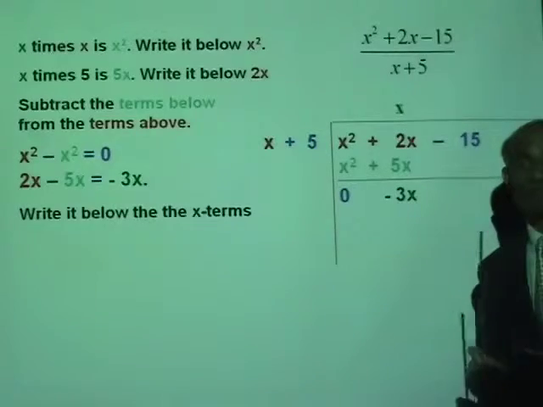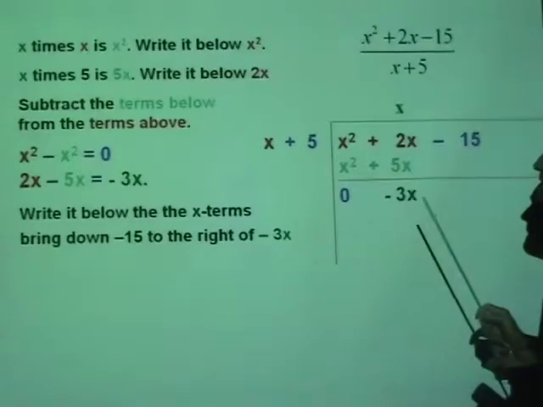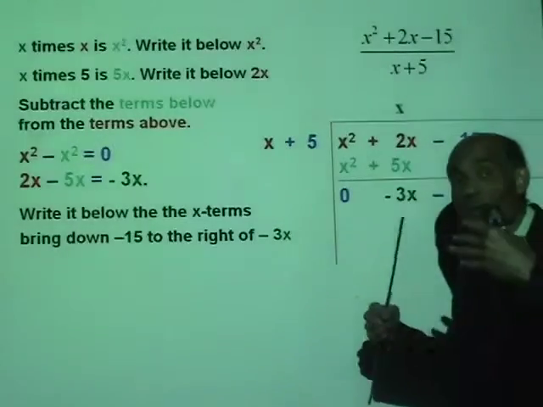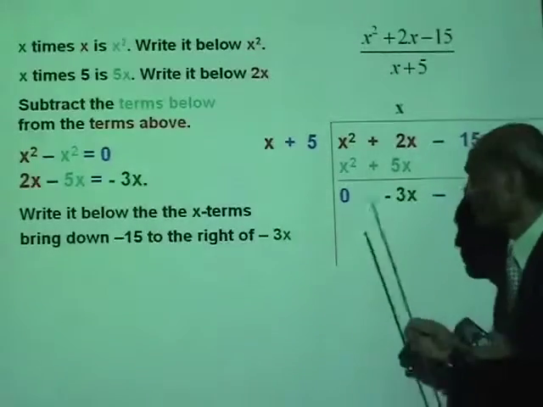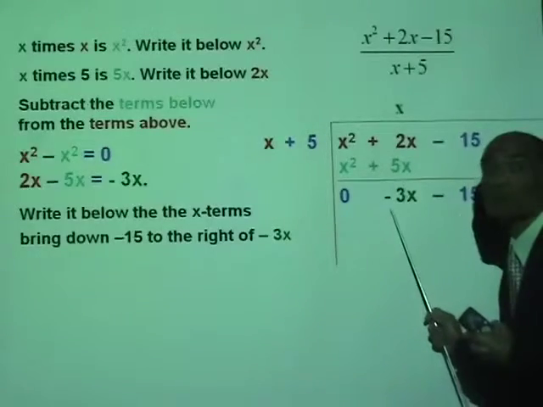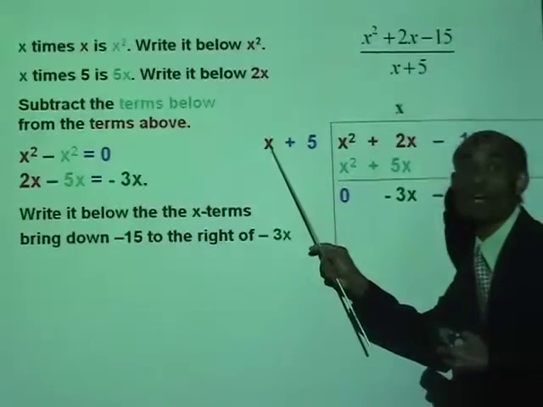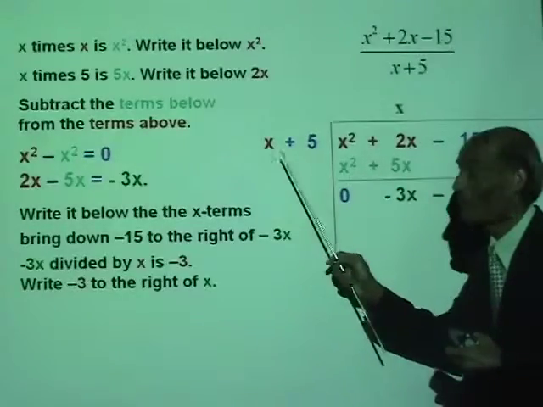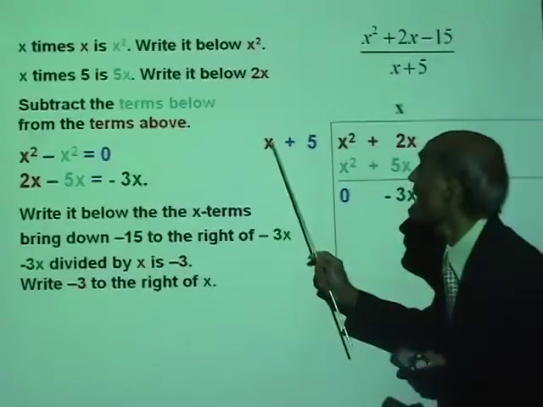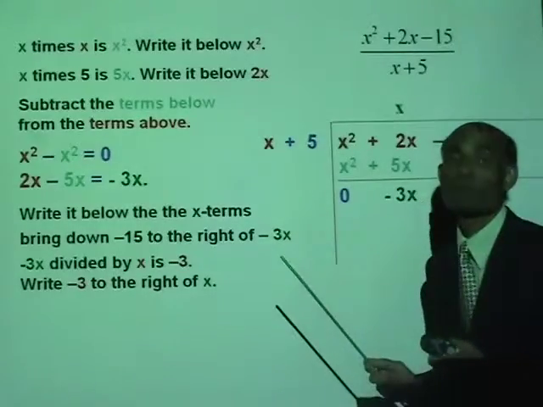What is the next step? Next step is to bring down the negative 15. And now we repeat this process again. What process? Negative 3x is the first term. That is going to be divided by the first term of the divisor. Now, negative 3x is divided by x. What is negative 3x divided by x?